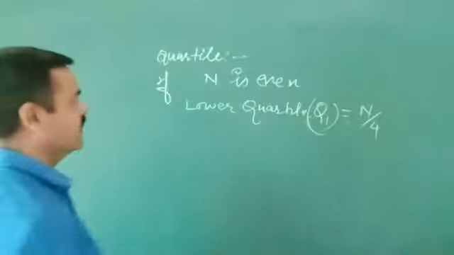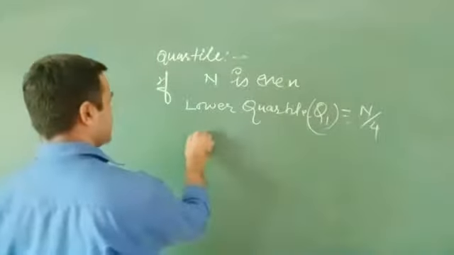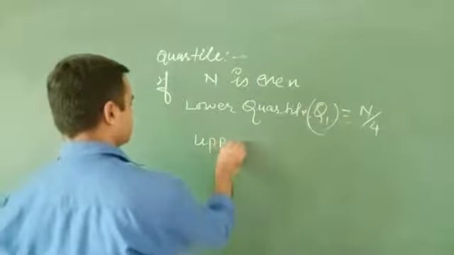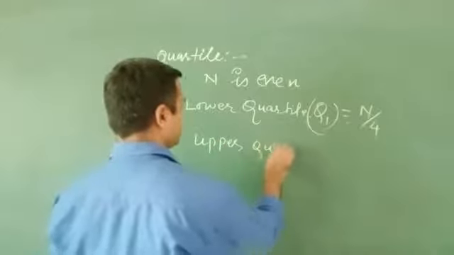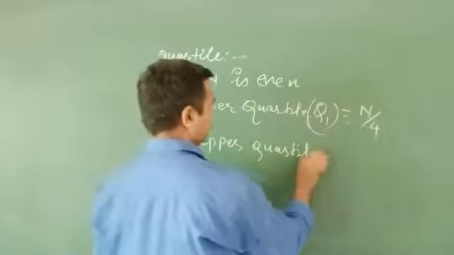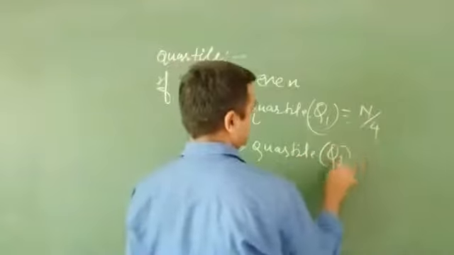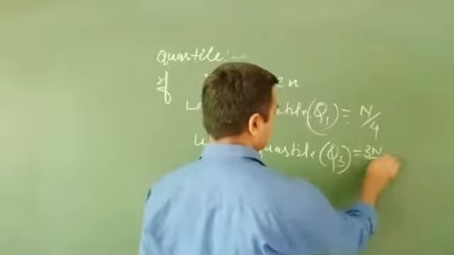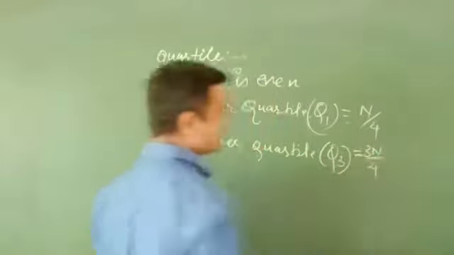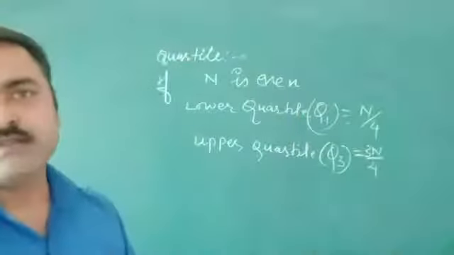Okay? And upper quartile Q3 is 3n/4 in case if n is even in numbers.